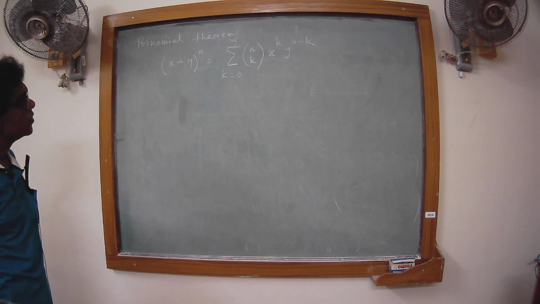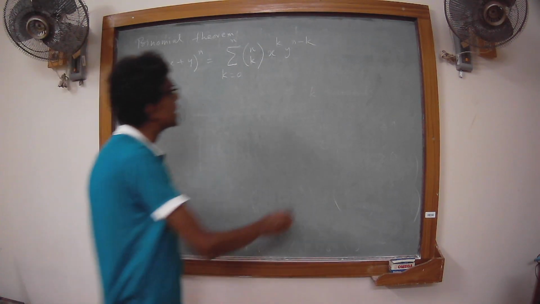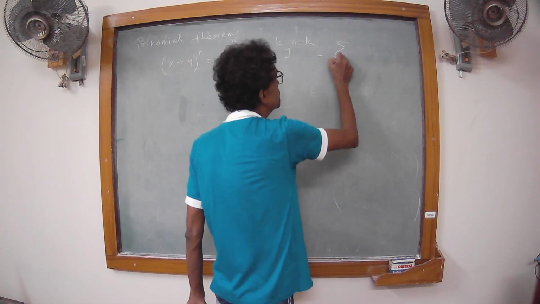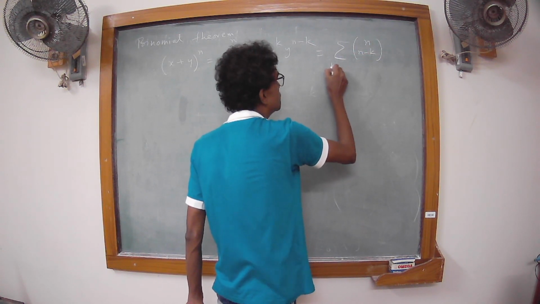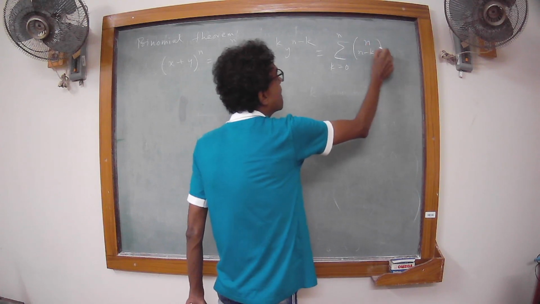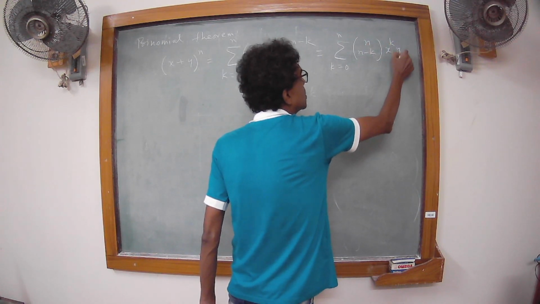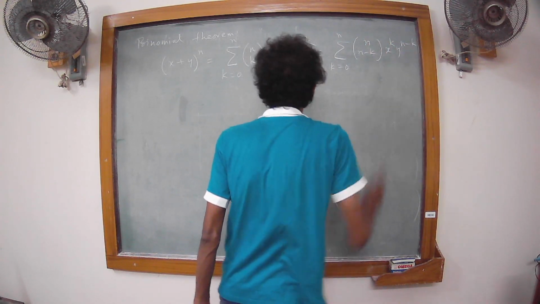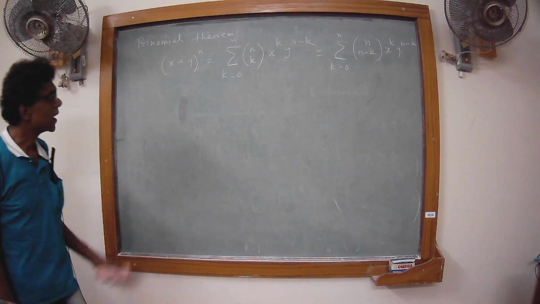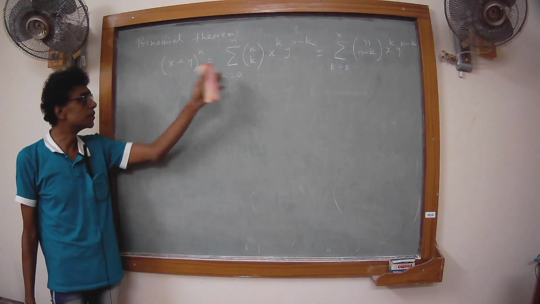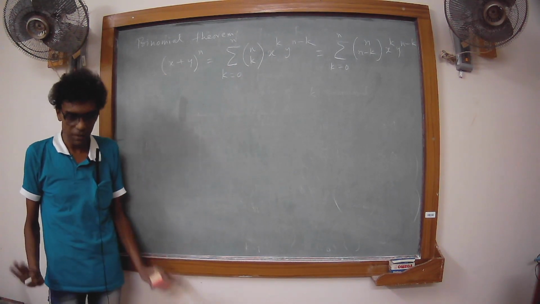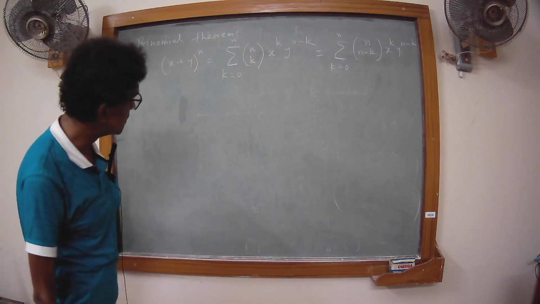Or n choose n minus k, they are basically the same thing, whatever way you want to view it. This is the standard binomial expansion. I am not going to the proof of this identity. You already know it. This is part of your higher secondary syllabus.